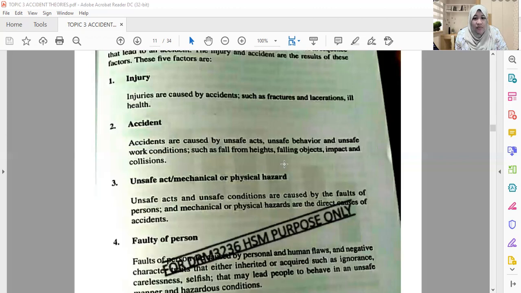And then the falling objects, okay, mostly in the construction site because you do not know what is actually above you while you are working. You may have to handle some bricks and some mortars, okay, and then you have to use a forklift. There is a possibility to have these falling objects.